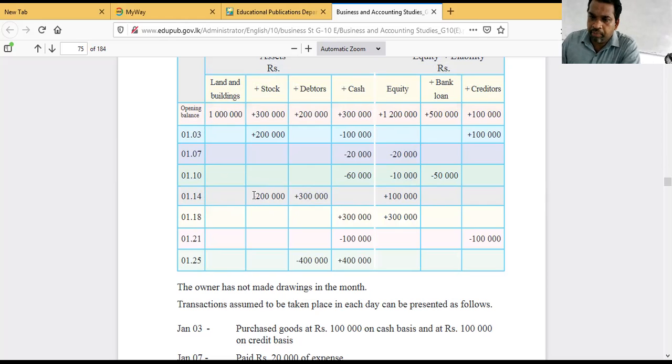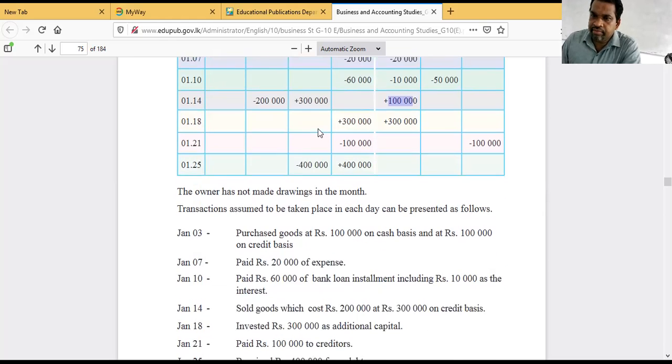That is the cost of. We normally have cost of inventory sold. If there is any profit, it goes to equity or capital. That's why they have put plus 100,000 on equity. We can explain the transaction. The business has sold 200,000 worth of goods for 300,000 on credit basis.